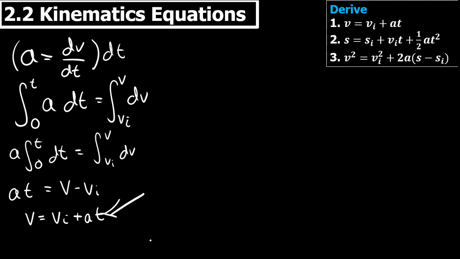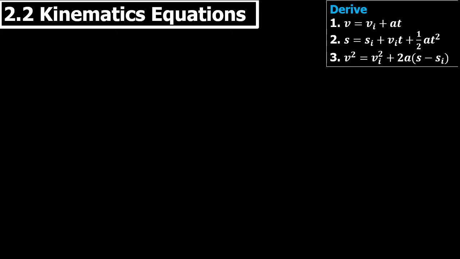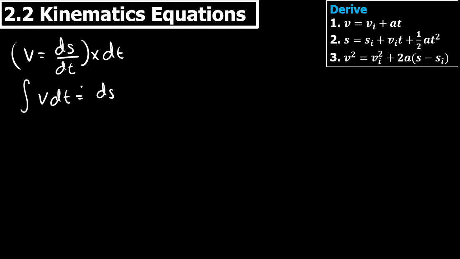Our second equation is s equals si, which is the initial displacement, plus vi t plus half at squared. How do we derive that? We start with v equals ds over dt. Again we multiply both sides by dt, and we get v dt equals ds, and then we integrate within our limits, 0 to t, and from si to s.